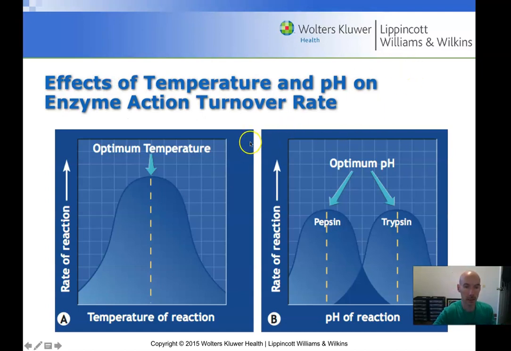So notice here on the left, we have the temperature, and here on the right, we have the pH. Enzymes will operate best at an optimal temperature and an optimal pH. To explain this initially, let's focus on temperature because I think that's easier. Now, you all know normal resting human body temperature is what?